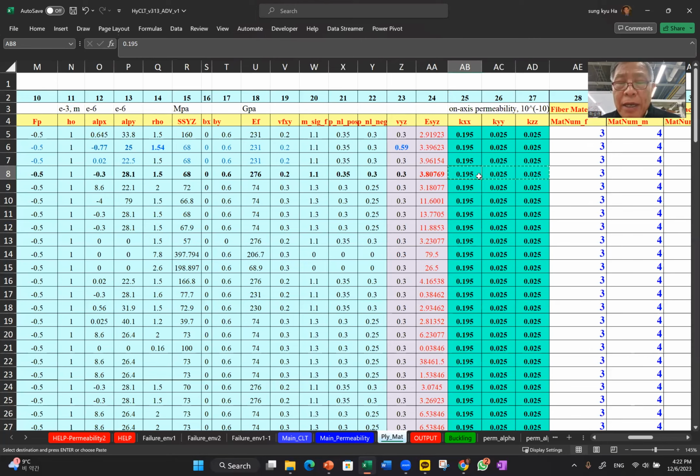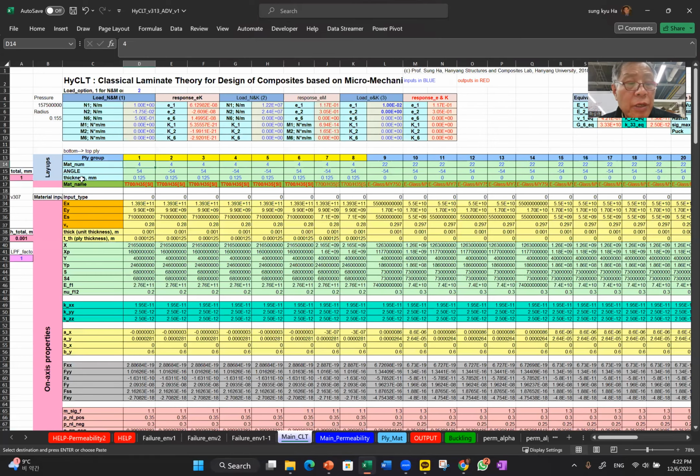What can be back calculated from this analysis? Here we chose material number 4 and a certain laminate layup sequence. Again, let's do 0, 90, and plus minus 45.